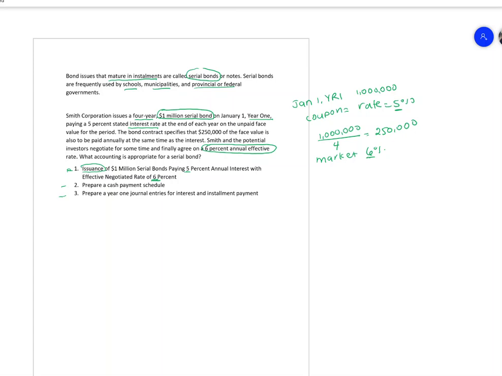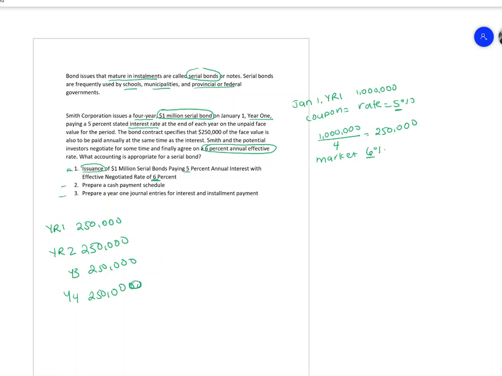It's a little bit different from the normal bonds that we calculate. In year one, we're going to make a payment of 250,000. We're going to make 4 payments of 250,000: year 2, year 3, and year 4, another 250,000 each.